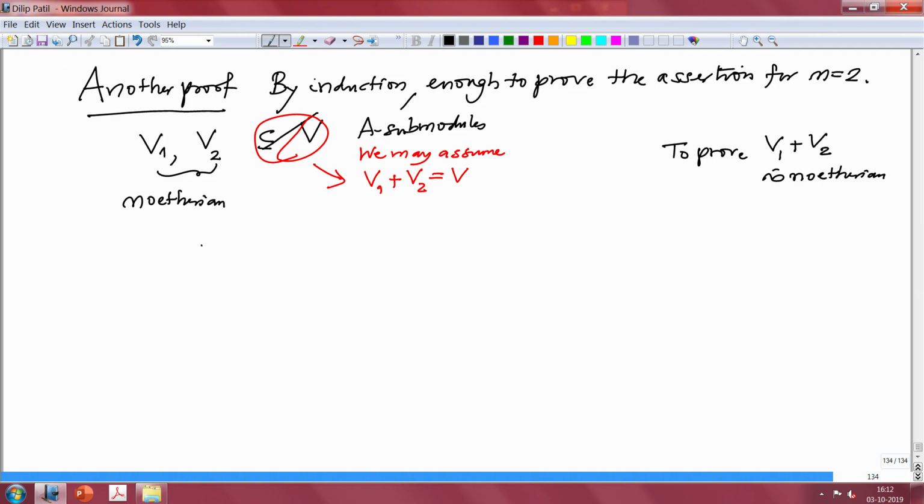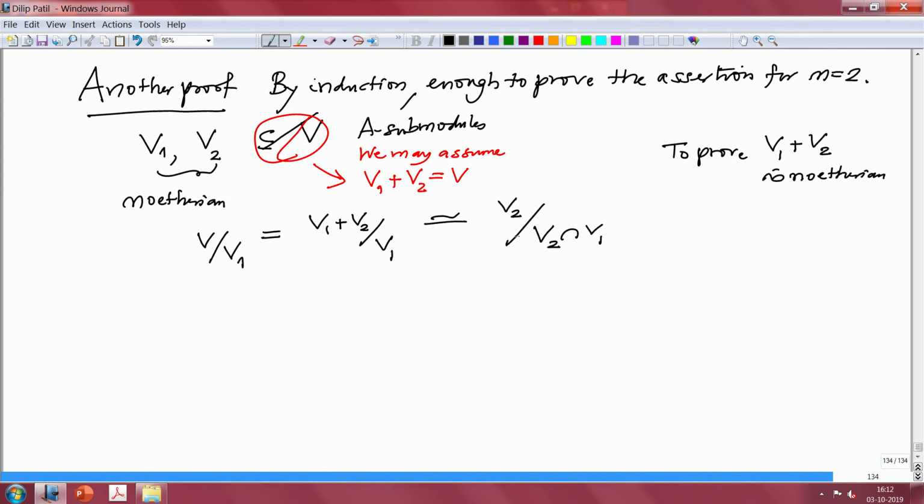Now look here, V by V1 is the same thing as V1 plus V2 by V1, and the isomorphism theorem says that this is isomorphic to V2 modulo V2 intersection V1.